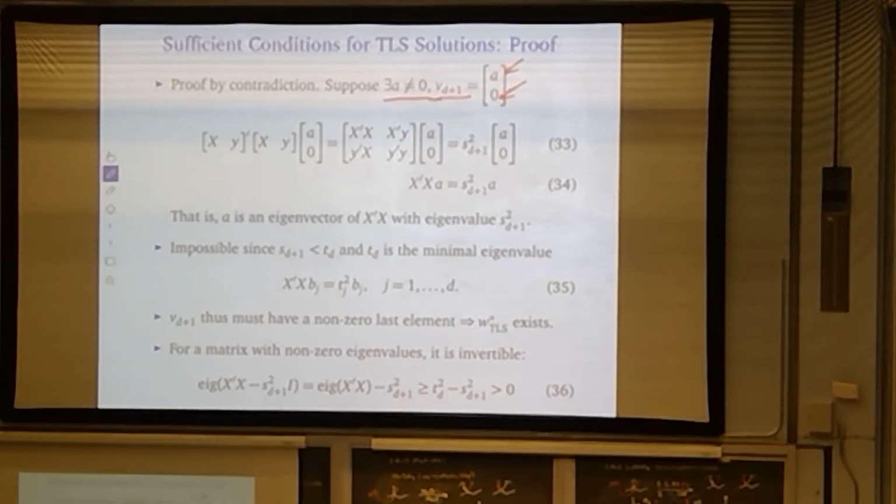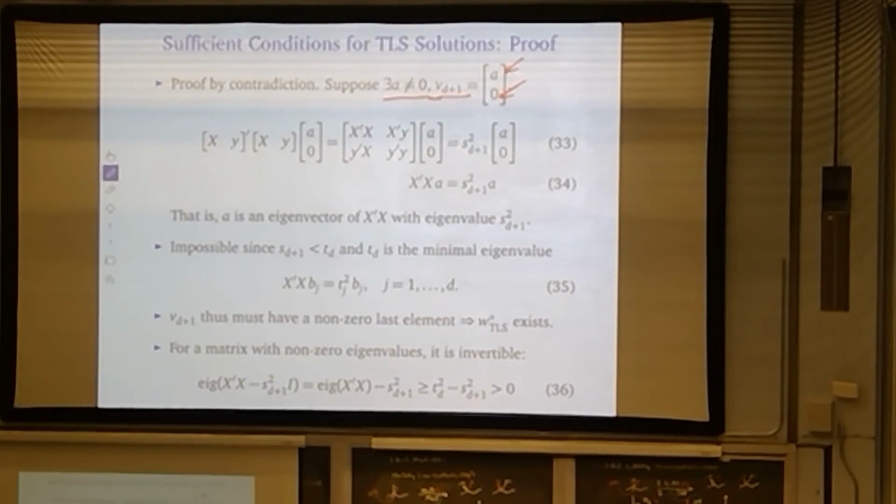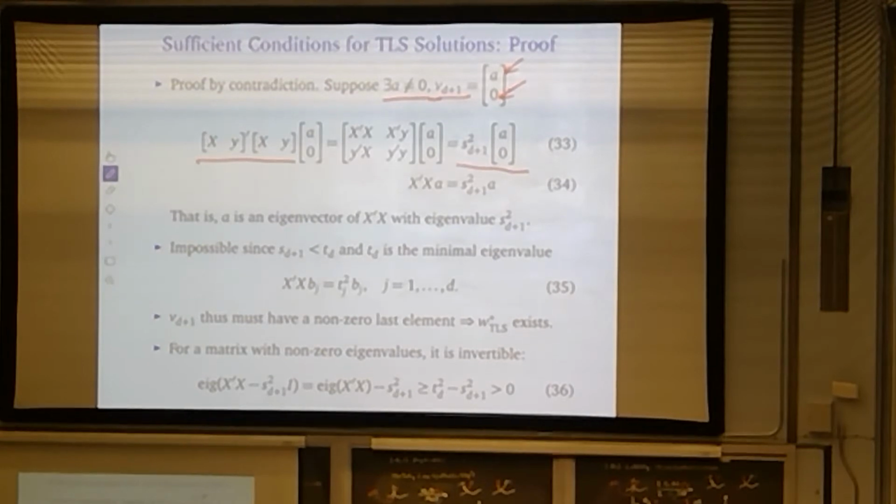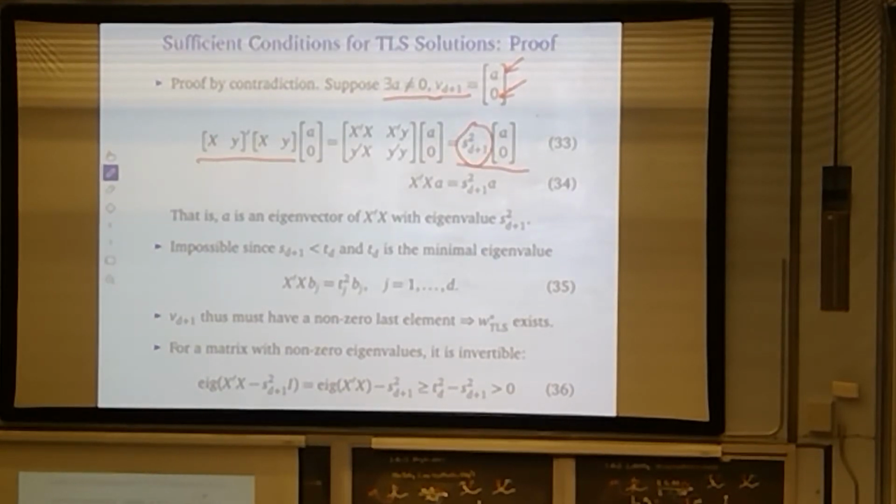It cannot be, otherwise V_{D+1} will not be a singular vector. Then, according to the definition of being a right singular vector of this matrix, this times this A0 has to be this eigenvalue times the vector itself. And then we expand it as before, it becomes this.